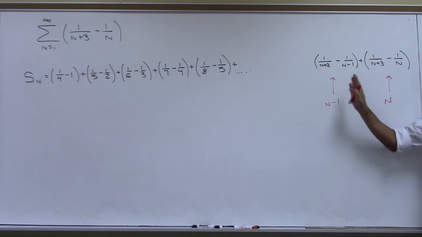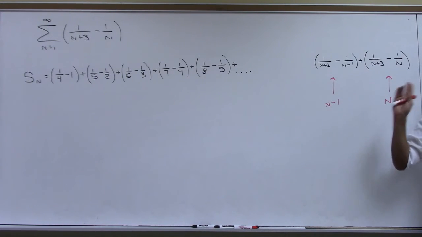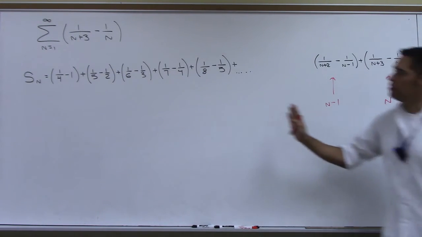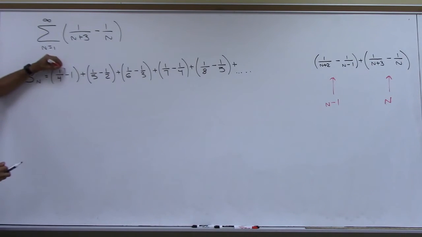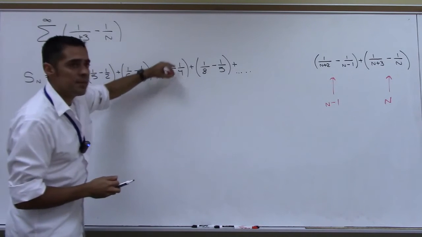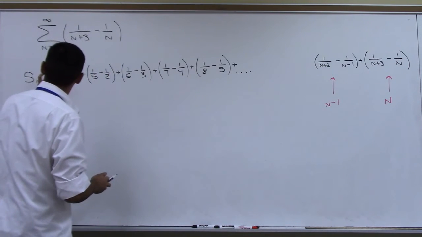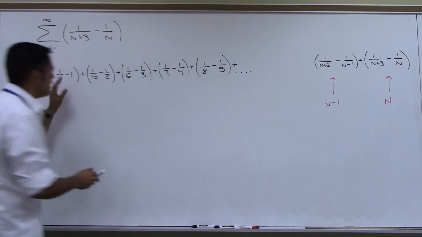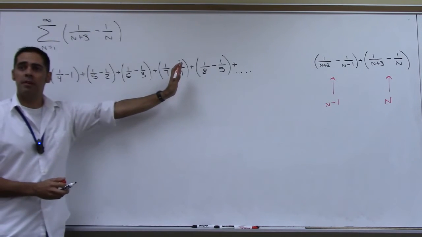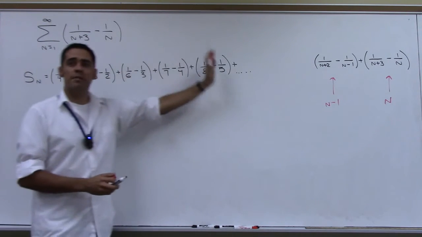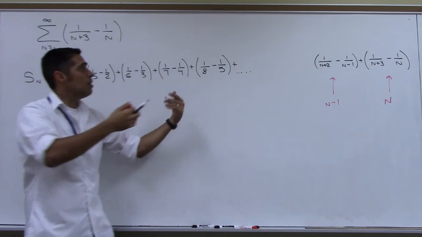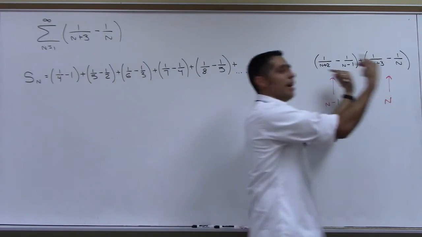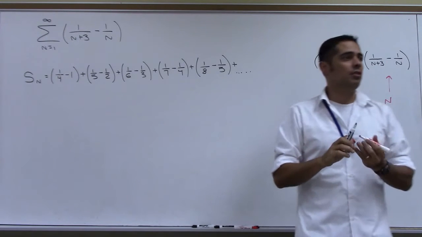And I'm going to keep going back until I see cancellation. You notice over here, I had the cancellation with the 1/4 there. I actually don't want to write over those yet. But do you see I had a 1/4 here and a negative 1/4 here? I had a 1/5 here and a negative 1/5 here. So I know I'm getting some cancellation. I want to come from the back side this way and see where that cancellation occurs.